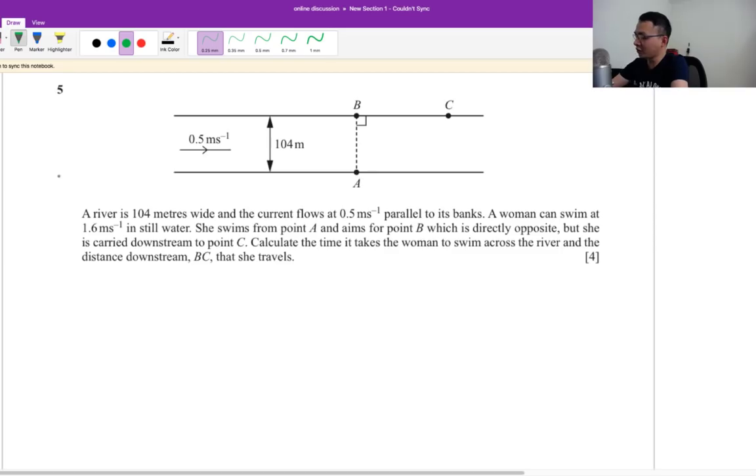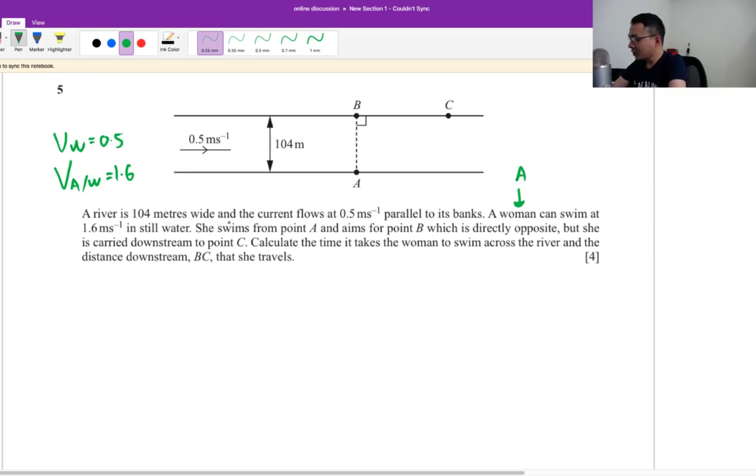So you should know this is a velocity. Let me call the woman A. So the woman relative to the water is 1.6, and the velocity of the water is given, which is 0.5.